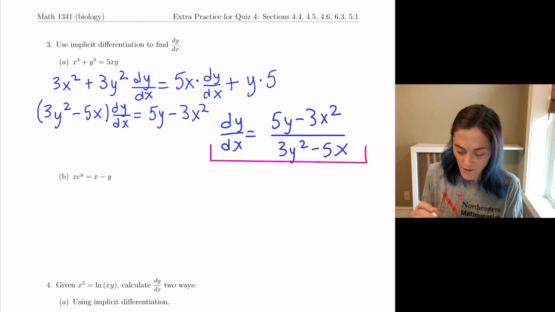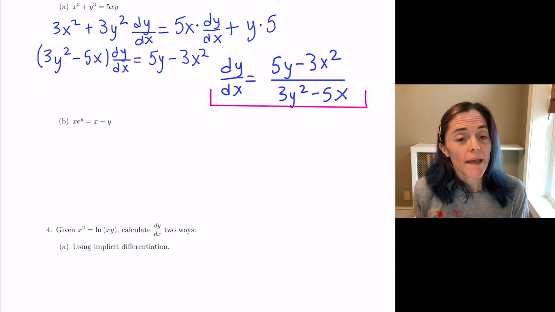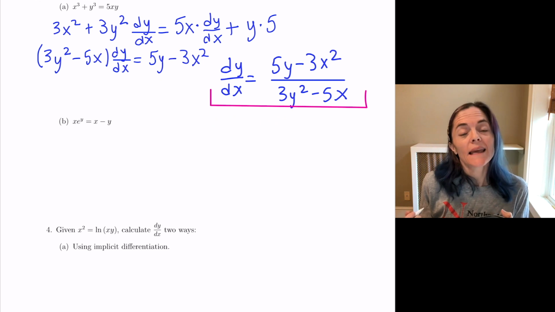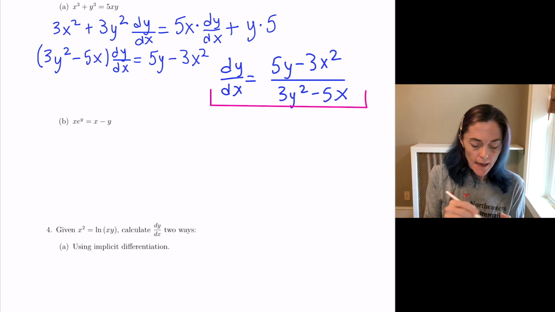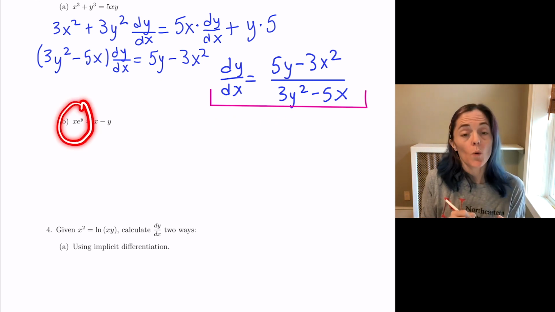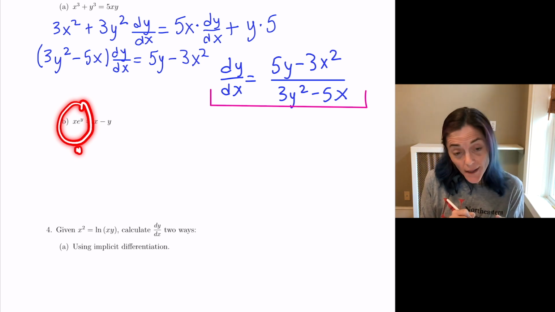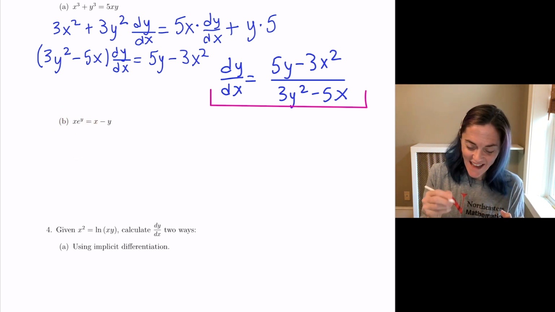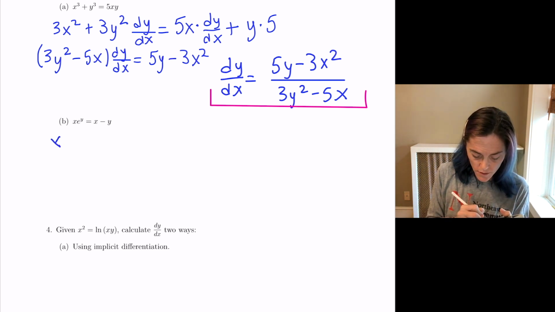Okay, here comes another one. We have x e to the y equals x minus y. Now, this side of the equation is product rule. When we differentiate everything in sight, we have first times the derivative of the second.